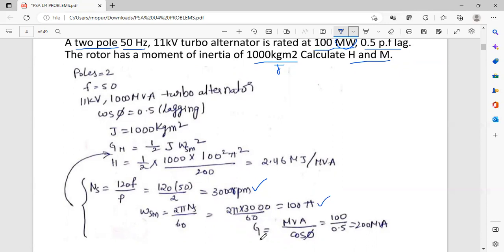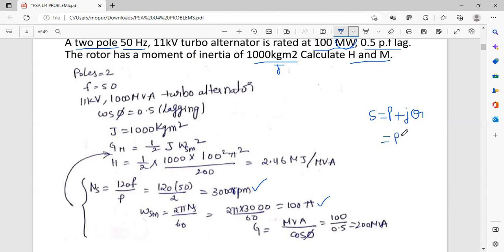Now, this is the power. Normally, S is equal to P plus jQ. I have explained this many times, but I want to revise once again. P plus jQ, we know that. A complex number a plus jb can be written as a cos θ plus jb sin θ.